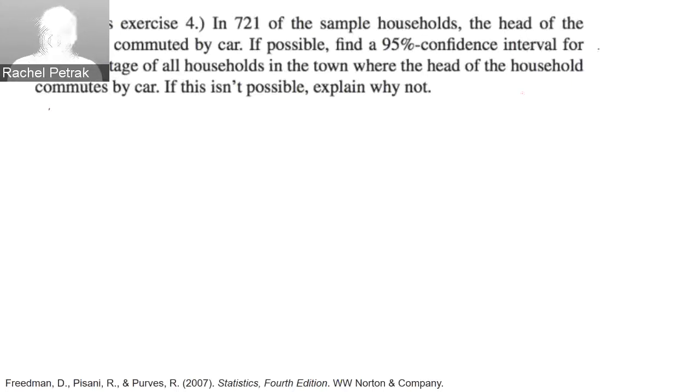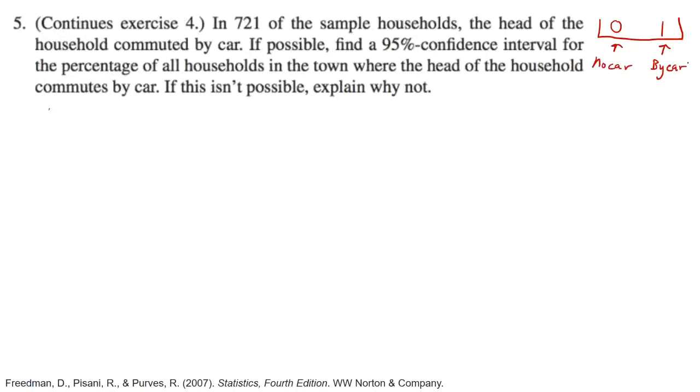We have a box with a 0, 1 box here where 0 is no car, and the 1 is did go by car. And we know the proportion in here too in our sample. The sample proportion had 721.